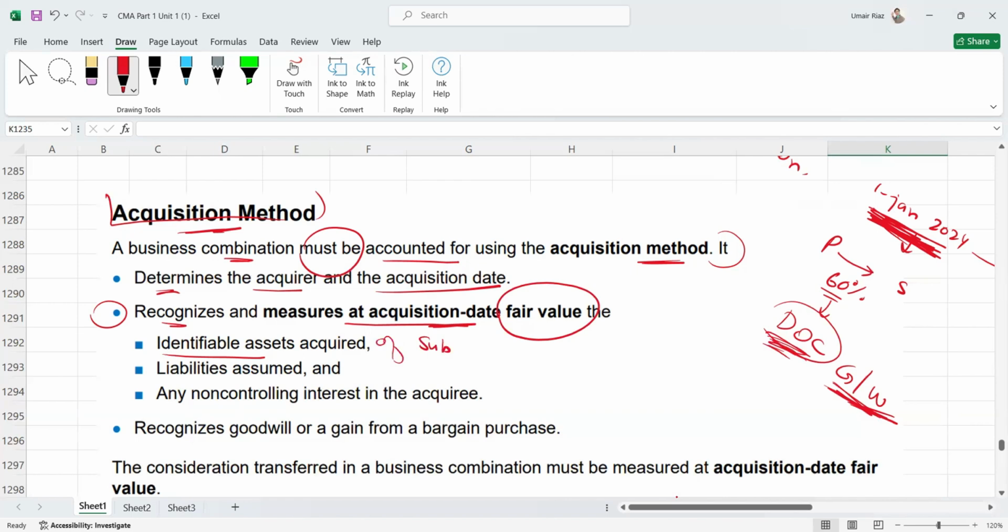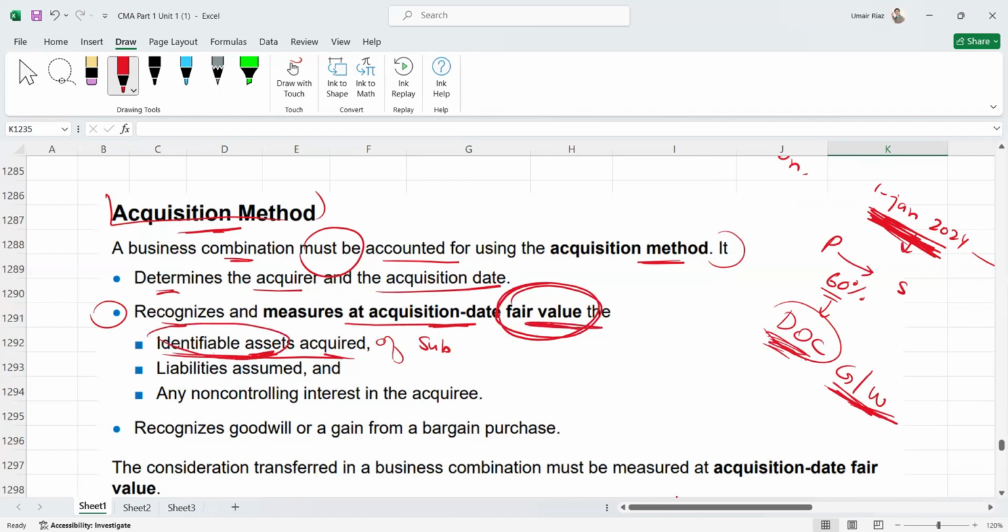So we need to identify the fair value of identifiable assets acquired. Identifiable assets are usually those assets which can be separately bought or sold. So at the acquisition date, we need the fair value of the identifiable assets.